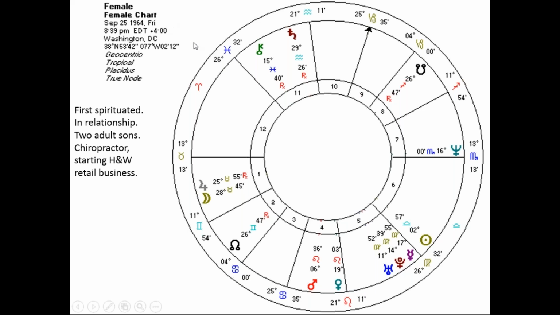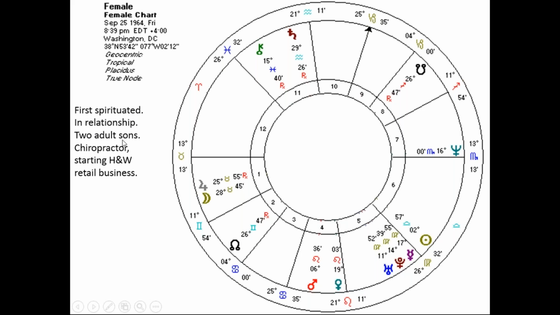And so I'm just going to very quickly for the tape, just give them your birth data, September 25th, 1964, 8:39 p.m. in Washington, D.C. You relate to yourself having sun in the 6th house. And when I did all the different houses, I came up with Placidus. Is that what you usually use? Yes. Okay. I have first spirituated. You are in a long-term live-in relationship.